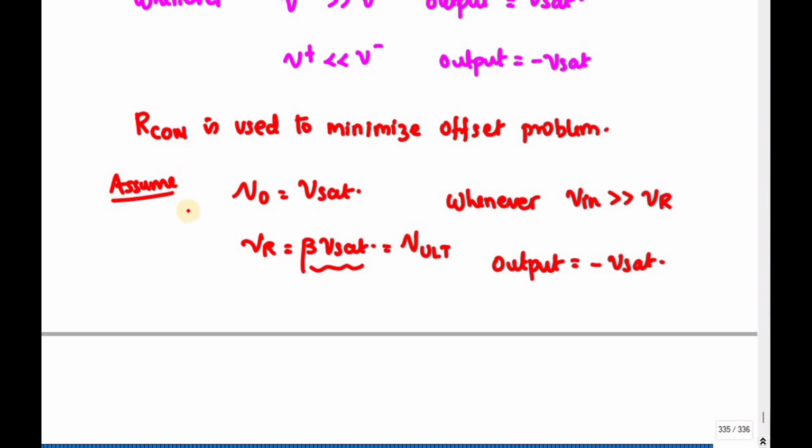You can have another condition, right? This is the first condition. The second condition is, suppose V naught is equal to minus V sat. So what is VR?